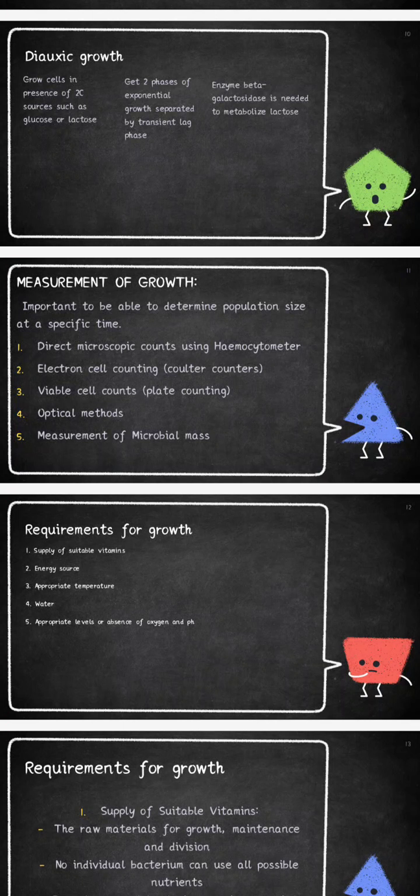And lastly is the measurement of microbial mass. That is your last approach. Your measurement of microbial mass can measure wet or dry weight, and it is used to estimate cell numbers.